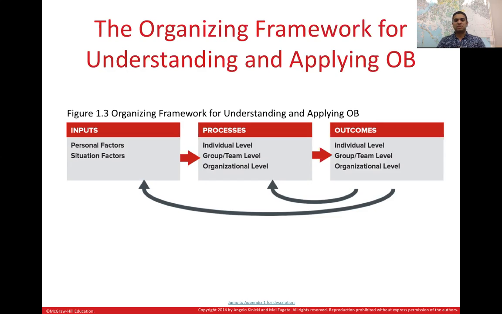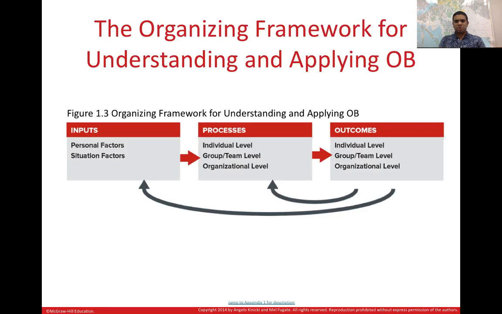So at the individual level, it could be job satisfaction. At the group level, it could be the performance of the team. So if you're developing a new software, is the software developed within the specific time frame that you want? Is the team sufficiently motivated? And finally, there are outcomes at the organizational level. Remember, an organization ultimately exists to achieve specific objectives.